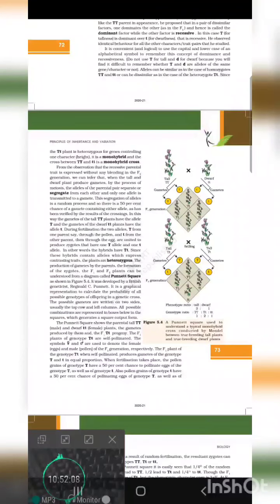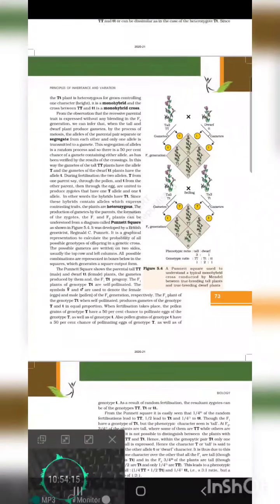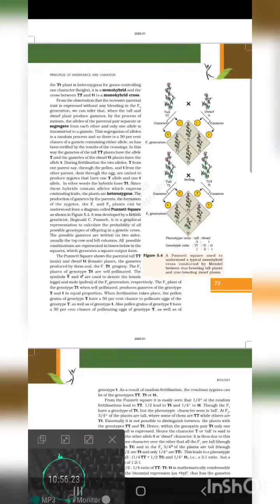Since these hybrids contain alleles which express contrasting traits, the plant is heterozygous. The production of gametes by the parents, the formation of the zygotes, and the F1 and F2 plants can be understood from a diagram called a Punnett square, as shown in figure 5.4. You can look at that figure.